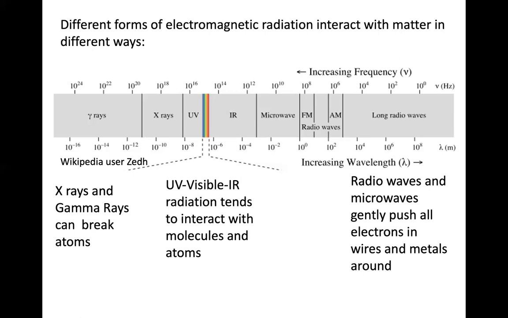This is why they're used for communication, because they can drive the currents in an antenna. For things in the ultraviolet to infrared, which include visible light, the way they interact with matter starts to change. It becomes much more about interacting with individual molecules or atoms in a material. This is why everything appears different colors to you. Different materials have different atoms and molecules, and those interact in different ways at these wavelengths.